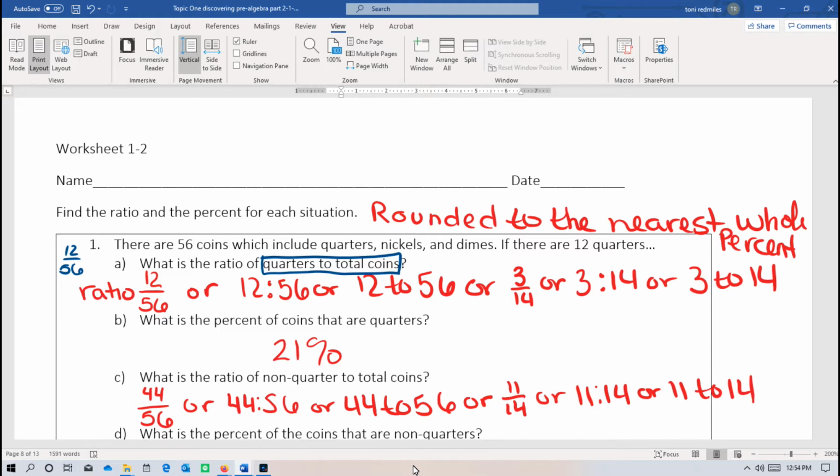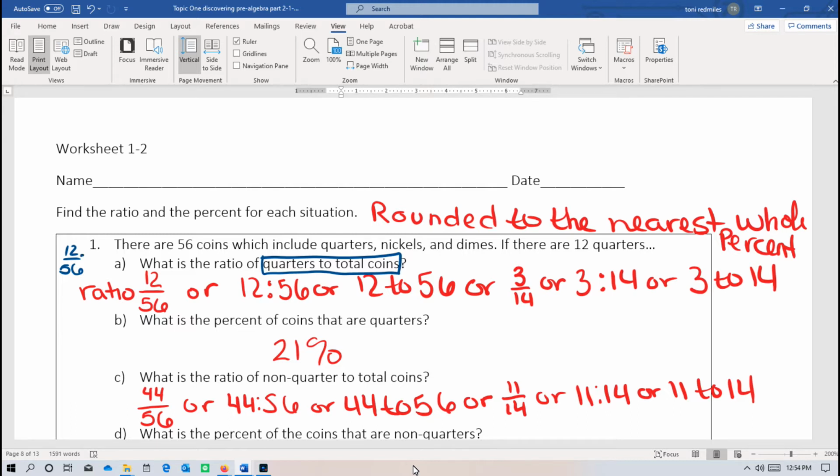You know what I mean? Like when we've finished compiling all our data. Now these questions don't necessarily lead to deciding one or the other. That is why I give both answers in this, and we're going to be working that way for a while. When we do an actual lab, an actual real life situation, then we will see the difference between when we simplify, when we do not.